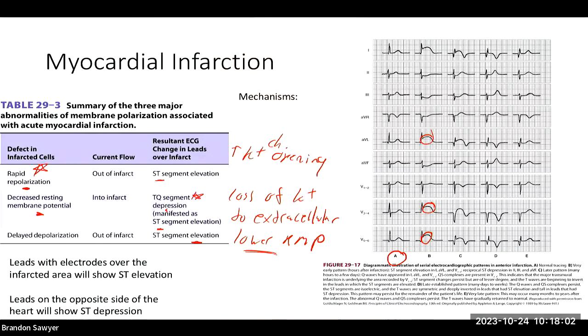Okay, so overall, again, with those cells that are left, we have this lower resting membrane potential, which then just takes longer for all of those heart cells to depolarize, and that longer angle that it can take can also make it look like ST segment elevation too. Okay, so that's kind of the basics of that as well.